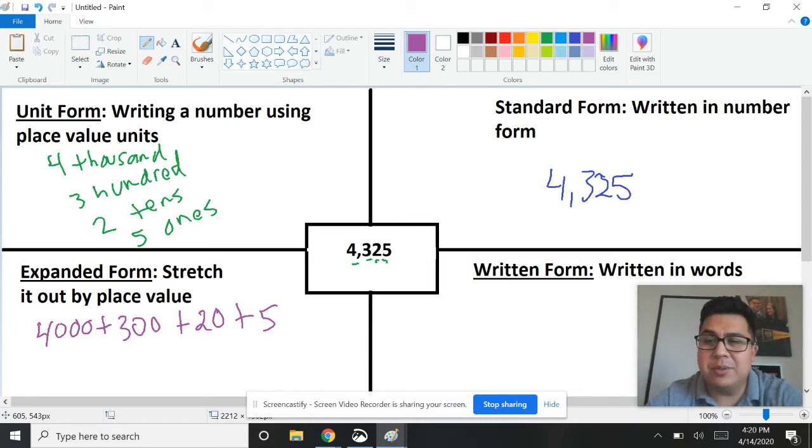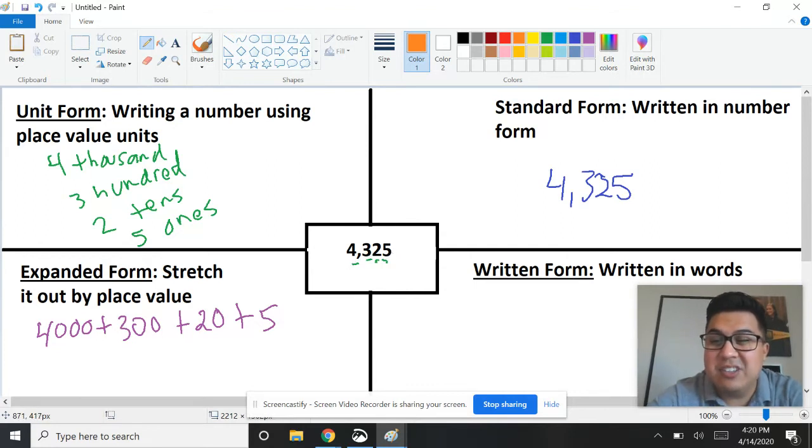And then our very last one is written form, which we basically write in words. So let's go ahead and write this number out. The best way to write it out is to read it, and the way that you read it is the way that you're going to write it. 4,325.